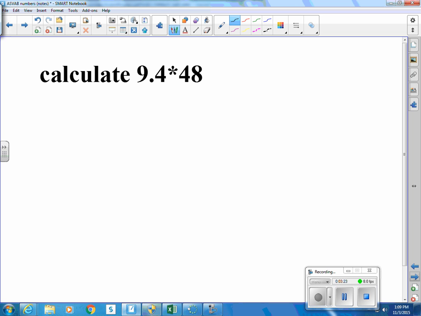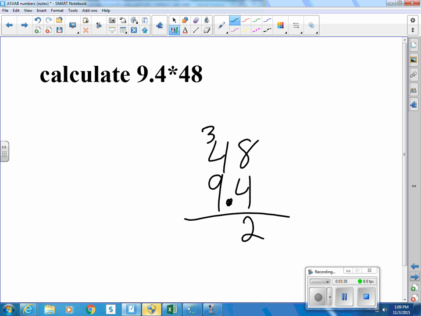Calculate 9.4 times 4.8. So let's write it like that. 4 times 8 is 32. Put the 2, carry the 3. 4 times 4 is 16, plus 3 is 19.